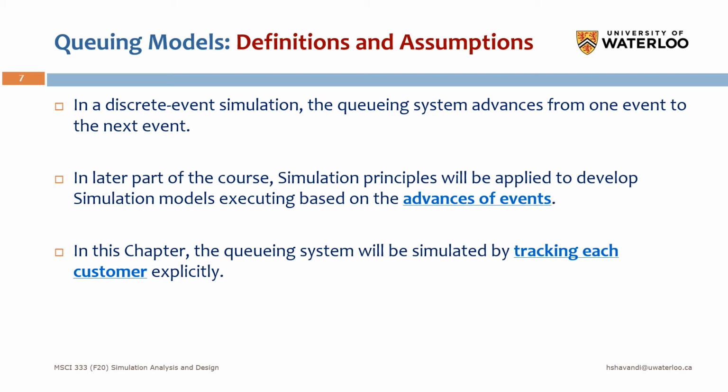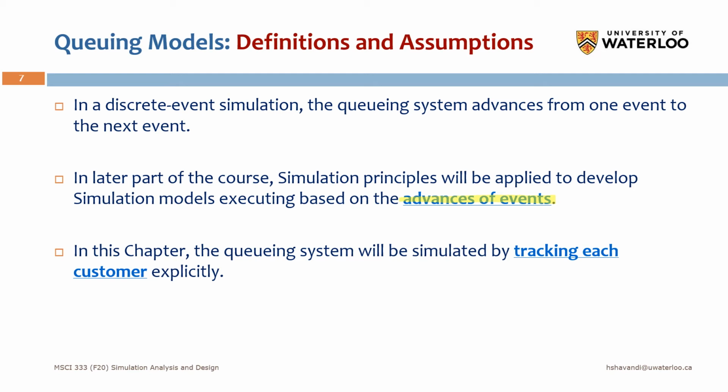Here we have a future event list, and each event has its own time of occurrence, and the simulation moves from one event to the next based on the time. So this approach is called advance of events, and we know that discrete event simulation works based on this approach.